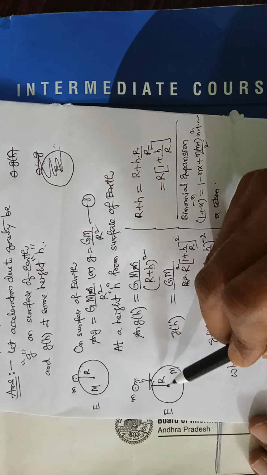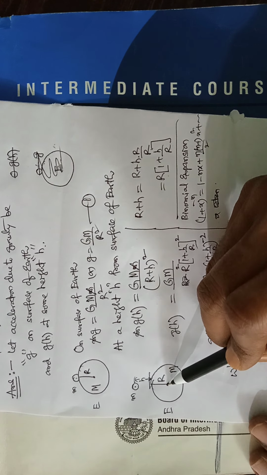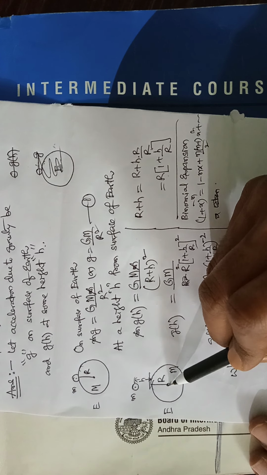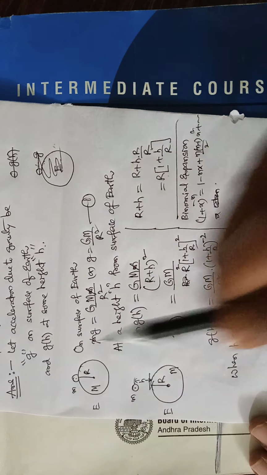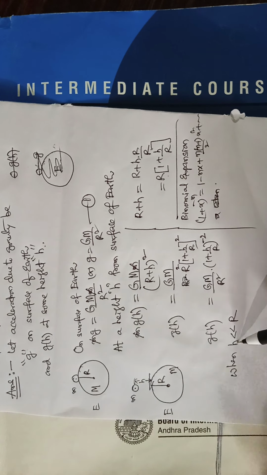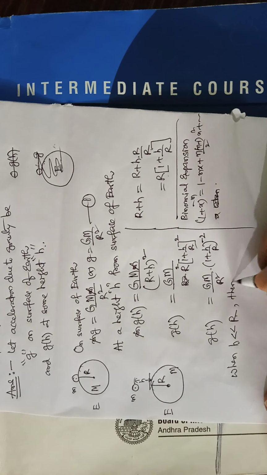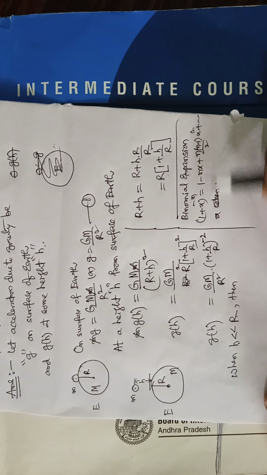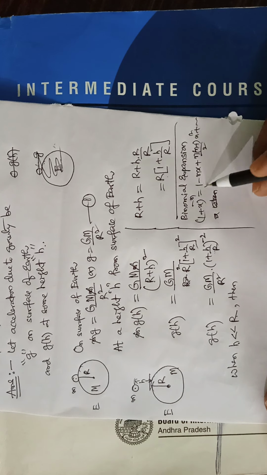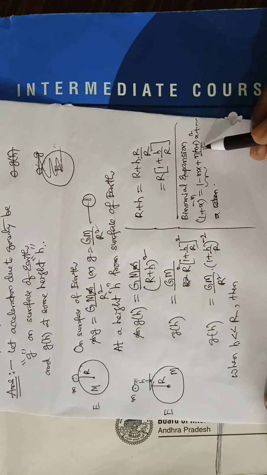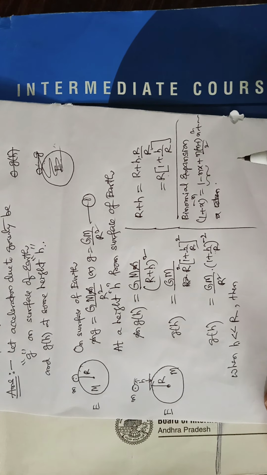See, Earth radius is very large. Compared to this, this height is very small. If height is very small compared to Earth radius, then in its expansion, just 2 terms are enough, because third and higher order terms become negligible.